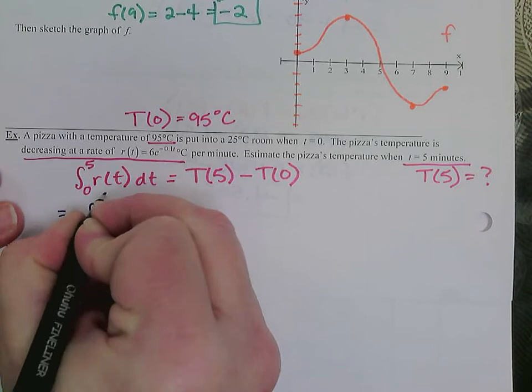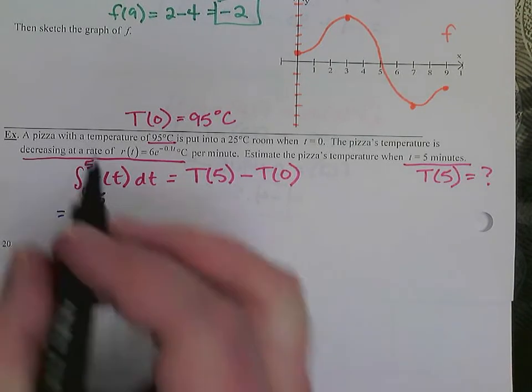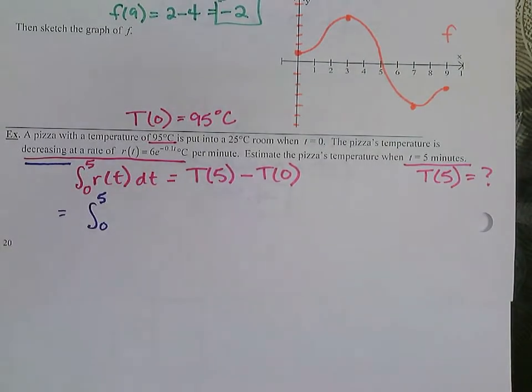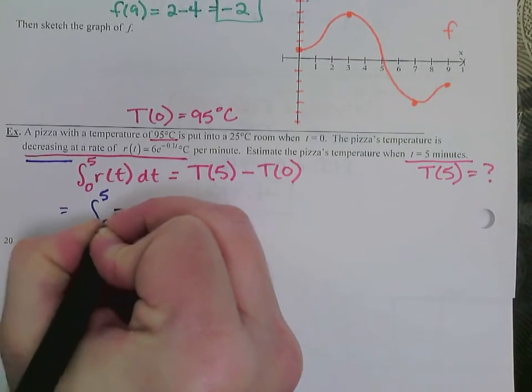So they told us that it is decreasing at a rate of 6 times e to the negative 0.1 T degrees Celsius per minute. It is decreasing at that rate. What do we need to make sure we do? Make it negative, because it's decreasing.